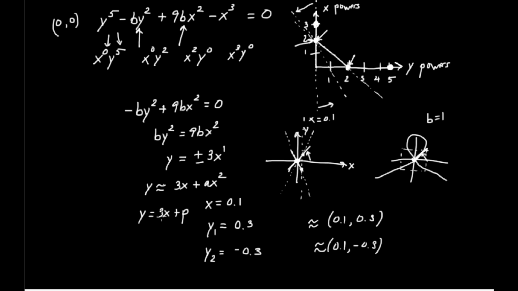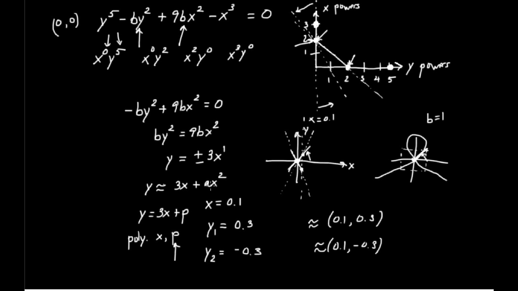So now we have y equals 3x plus some unknown number p. And we're going to substitute this y back into the original equation. And what you're going to get is going to be a new polynomial. So this is going to be a polynomial in the variables x and p. And then what you're going to do is you're going to solve for p. And that's going to give you the quadratic term here.